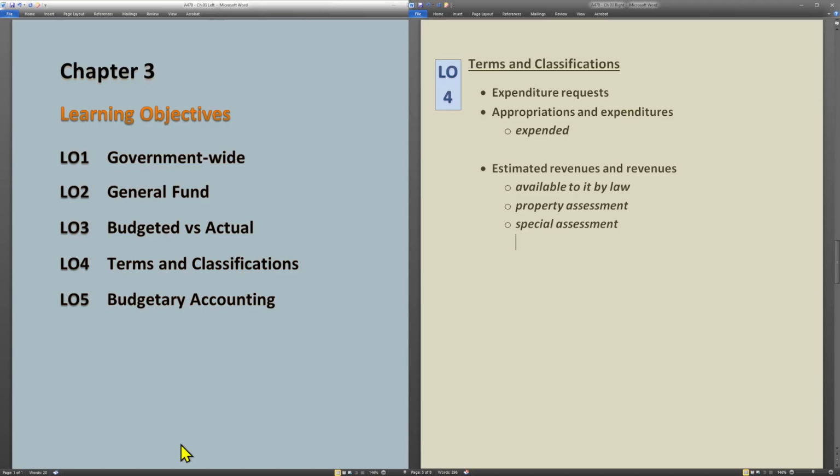If taxes are not expected to be available for use in the current period, they should be recorded as a deferred inflow of resources, right? So a deferred inflow of resources, if you remember looking back at the definition of that, let's see, where is it?